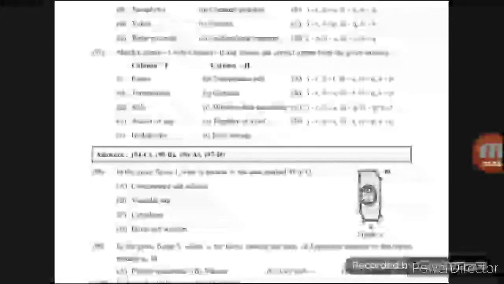The sink, it is the food storage. The ascent of sap, it is transpirational pull. And the hydathodes, it is guttation. So all these you can see in option number D. So therefore the correct answer for question number 97 is option D.